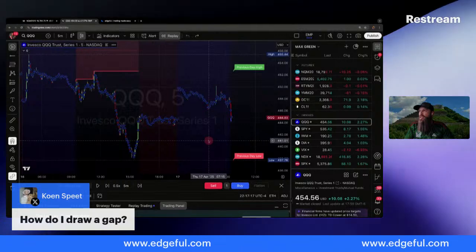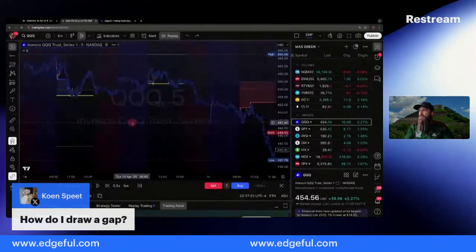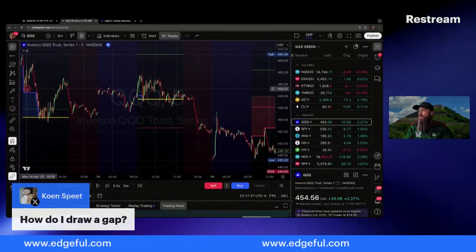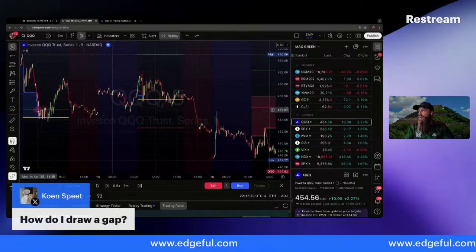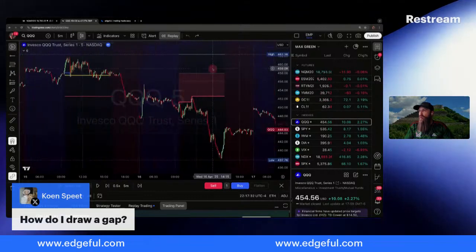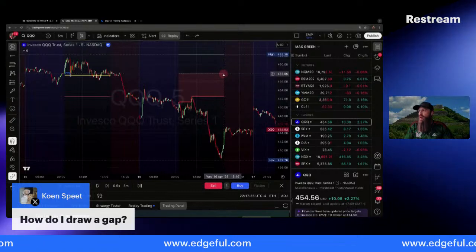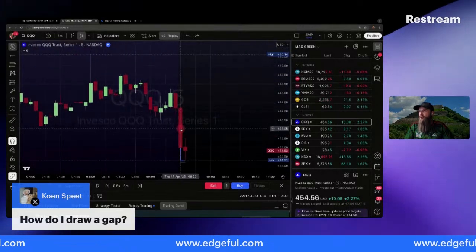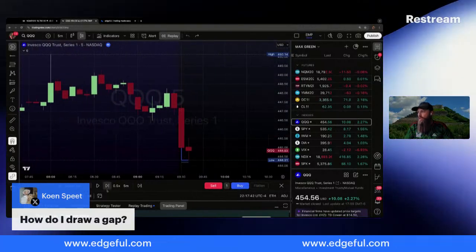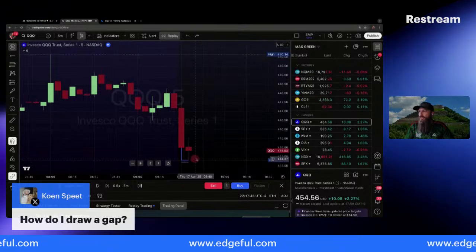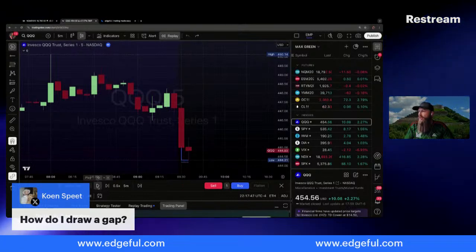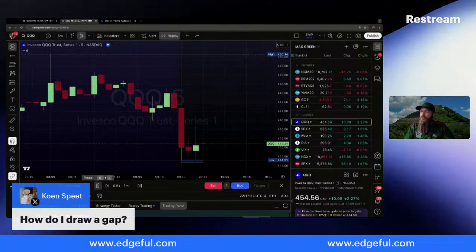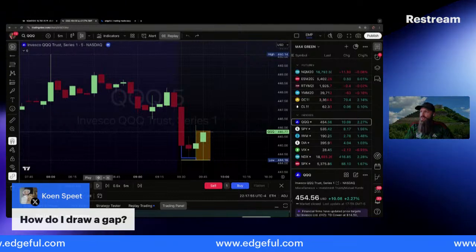So the red is if it's above, it's blue if it's below. So right here, you see this blue area. That's the blue area that it highlights. And then the bar, it's gray where the full target is. And when that area fills in, that bar will turn yellow. So what you're seeing here is it playing out in real time, or in replay time. So you see the bars right here and you see that blue area. And if I hit play again, whenever it fills, the candle is going to turn orange. So I know my gap is filled and that bar.